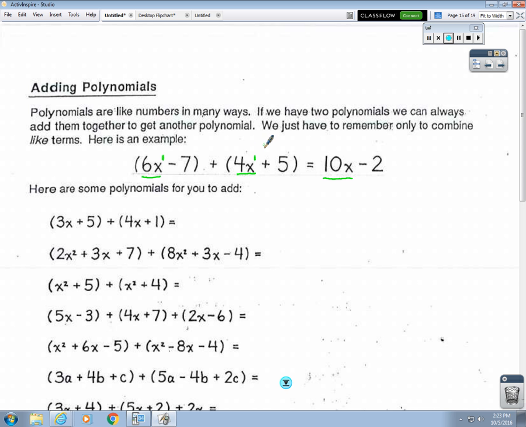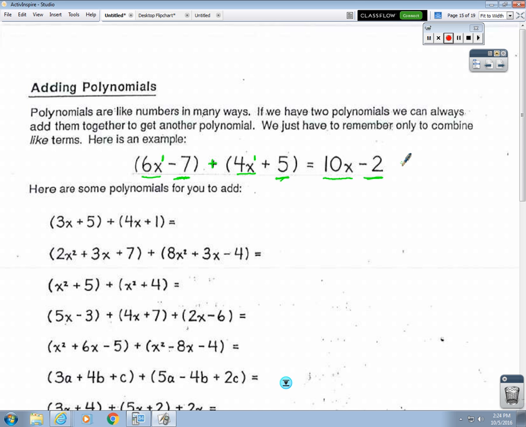When adding and subtracting polynomials, you don't mess with the exponents. They just let you know, hey, both of these have an exponent of 1, and both of them are x to the first. That means we can add up their coefficients. 6 plus 4 is 10x. Okay, but you don't actually combine the exponents, just the coefficients. Then over here, negative 7 is a constant value, and so is 5. When you add a negative 7 plus 5, you get a negative 2.